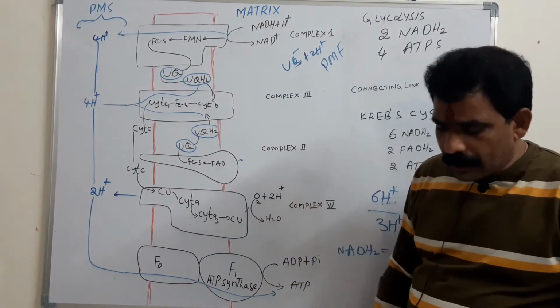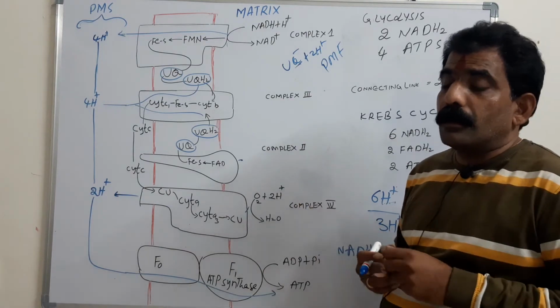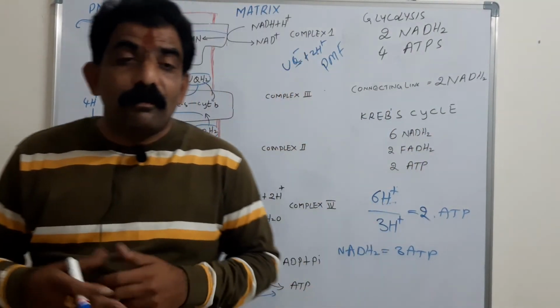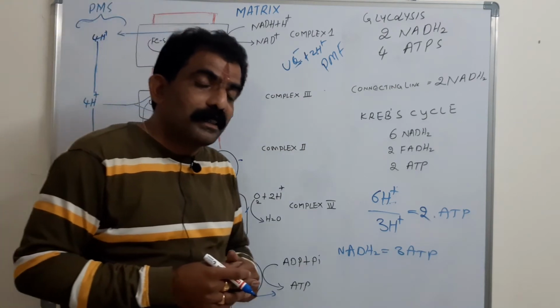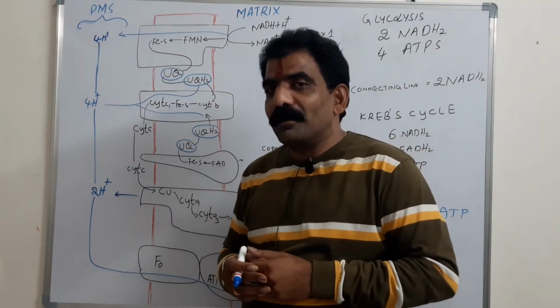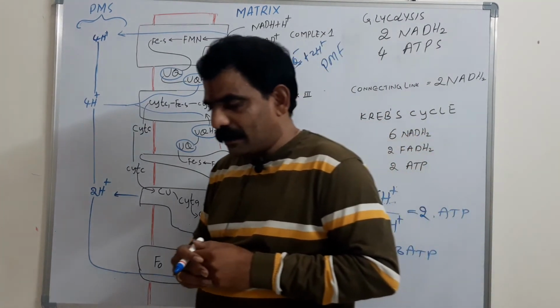This is okay. But coming to the cytosolic NADH2, which is produced in the cytoplasm, which step of the aerobic respiration takes place in the cytoplasm? Glycolysis. In glycolysis, how many NADH2 are formed? 2 NADH2 are formed. So in that case, some change will be there.